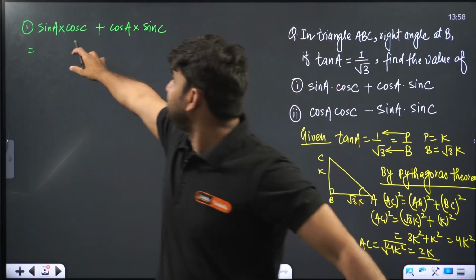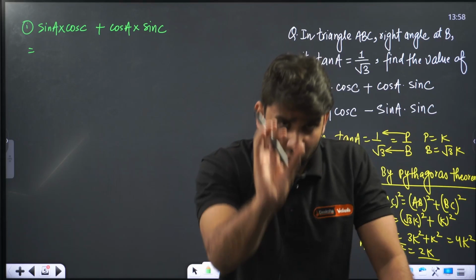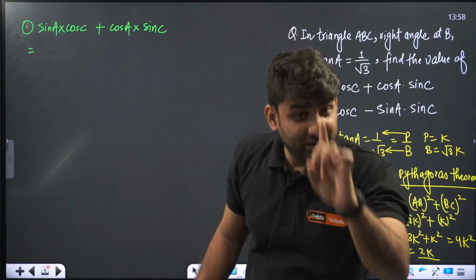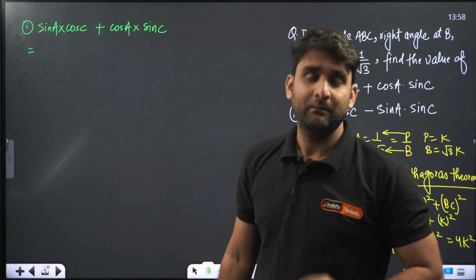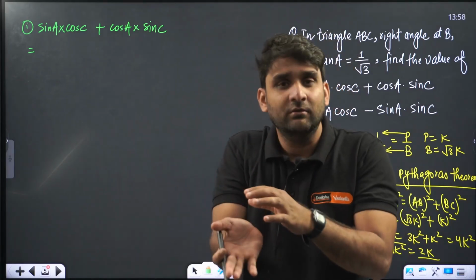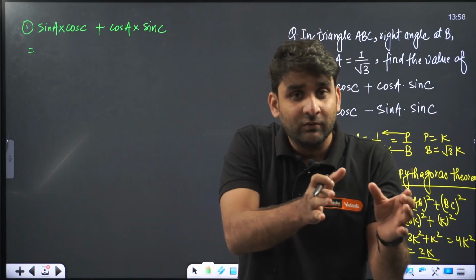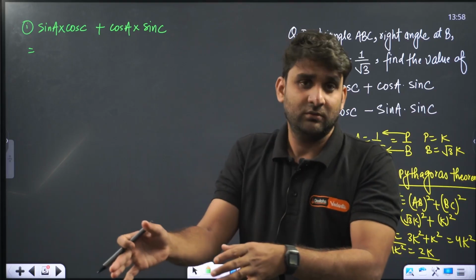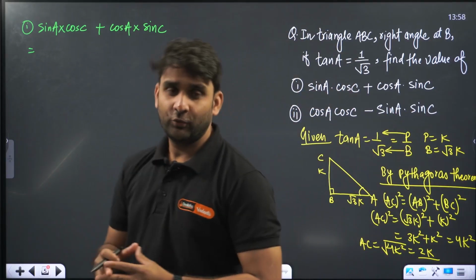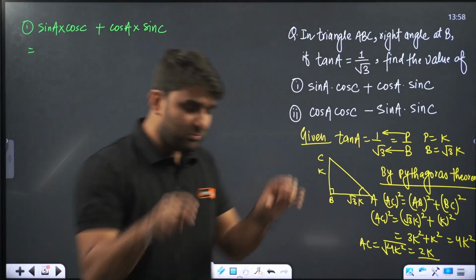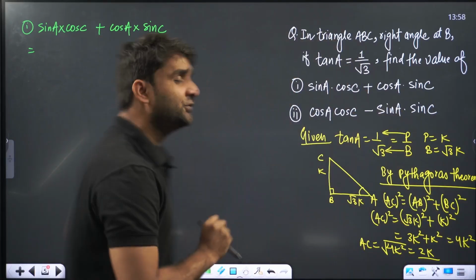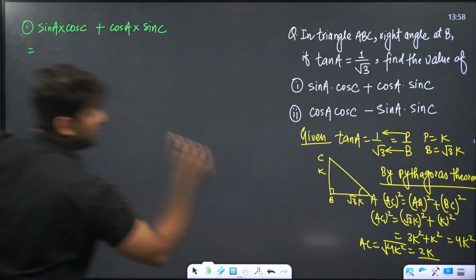Now in cos C, focus on both cos as well as C. The position of the angle will decide base and perpendicular, because in a right angle triangle the base and perpendicular may vary. It depends on which angle you are dealing with. The angle decides base and perpendicular, guys. So whenever you are writing any ratio, please focus on both the trigonometric function as well as the angle. So if this is sin A, where is sin?